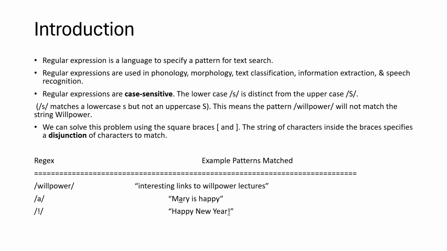In the second example, A is a pattern to be matched. A is present in the word Mary, so this will match. In the third example, the exclamation mark is present at the end of Happy New Year, so this will be matched.